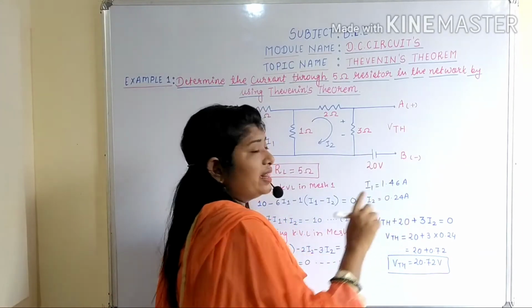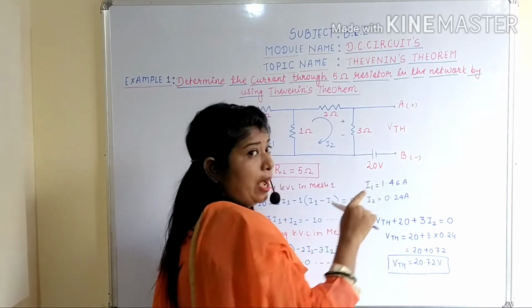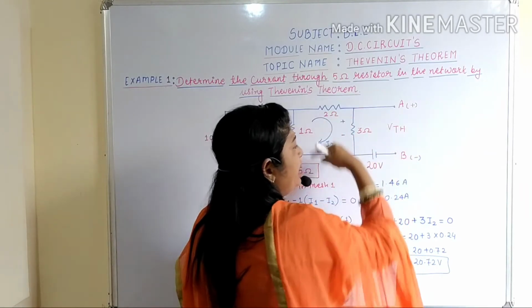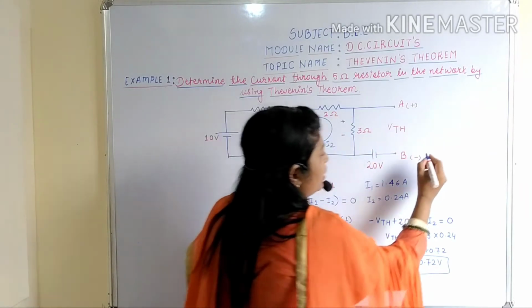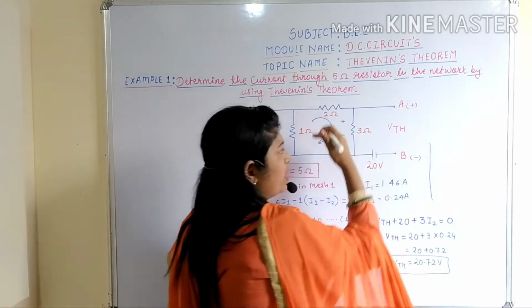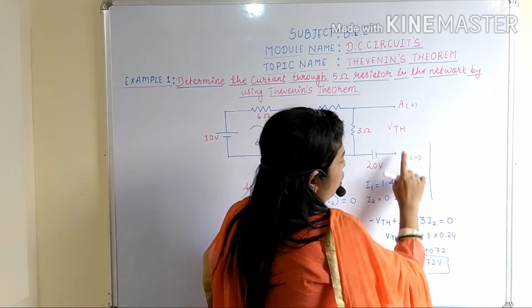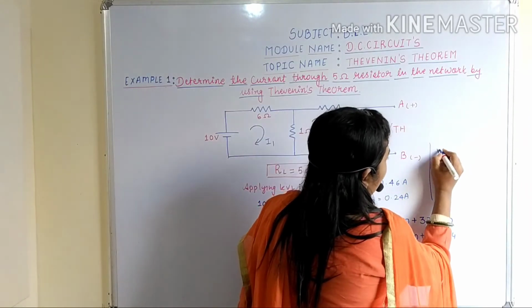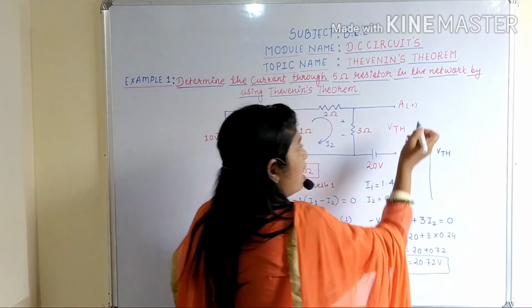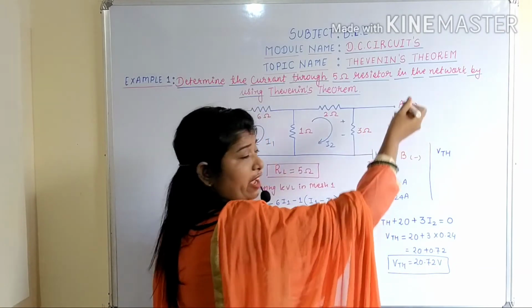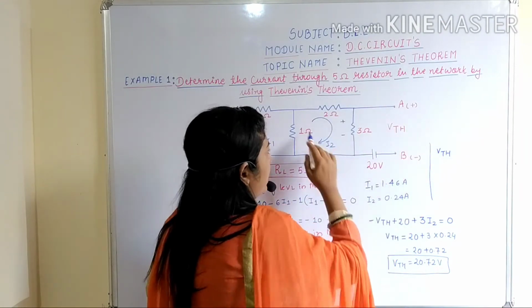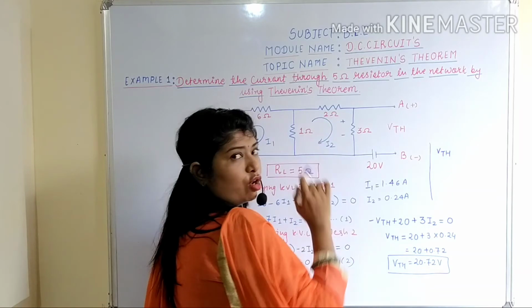Now this is your method 1. Now I need to apply KVL in anti-clockwise direction. So can you apply KVL in anti-clockwise direction? What would be the equation for that? If we go from negative to positive, we have to consider plus VTH. Again I am applying KVL in anti-clockwise direction and the direction of I2 is clockwise.